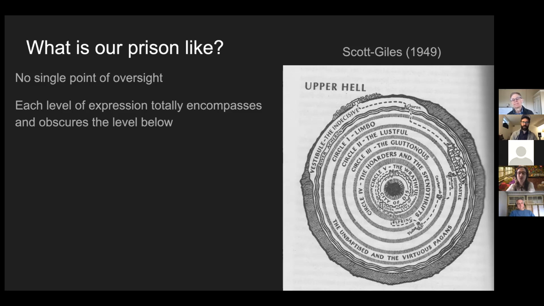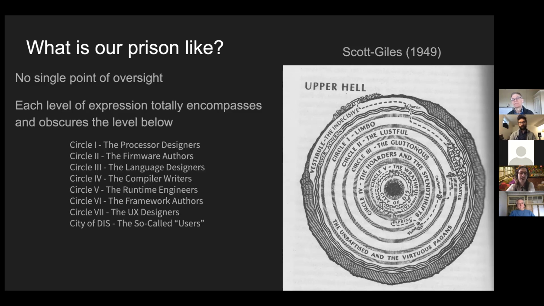We could see this layered structure analogously reflected in how, on one end, we have the people who design the hardware and make all the choices about computational organization there, and they then pass the baton on to higher and higher levels of the technology stack, ultimately ending up with the so-called end users.